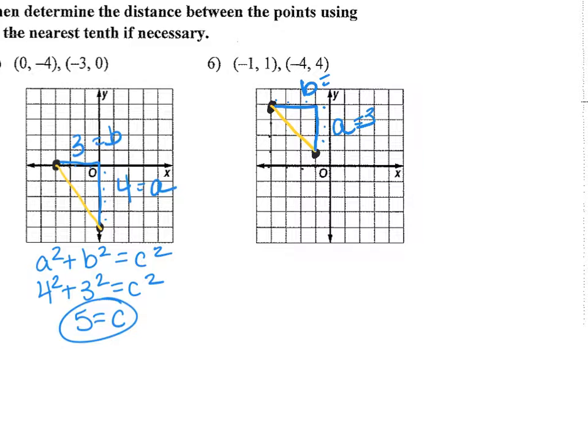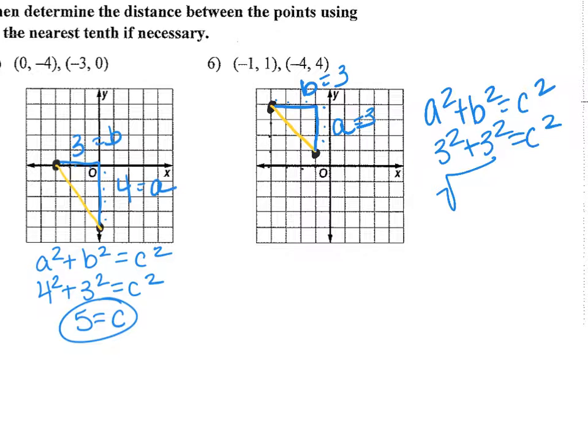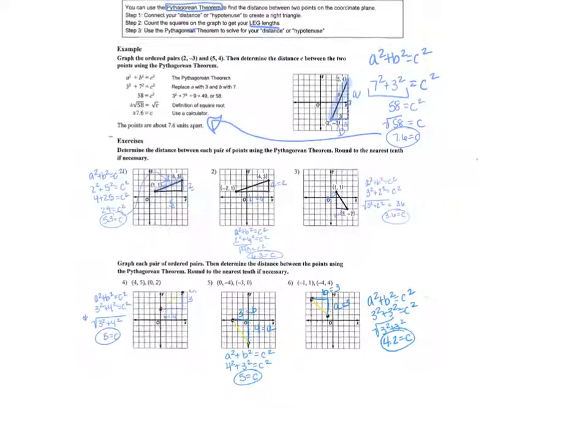We'll say that's B. So A squared plus B squared equals C squared. And we can plug that in. So the square root of 3 squared plus 3 squared equals 4.2. And you're done.